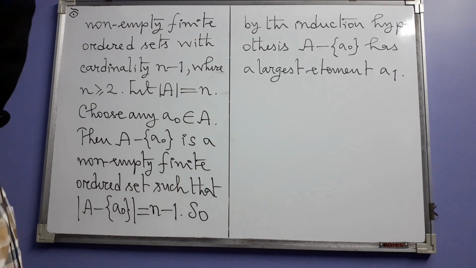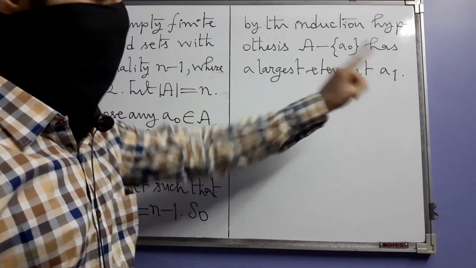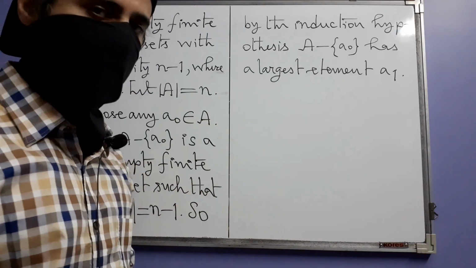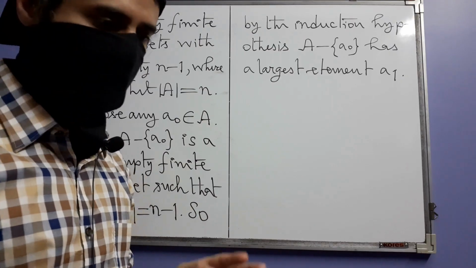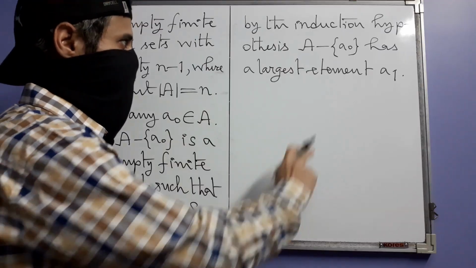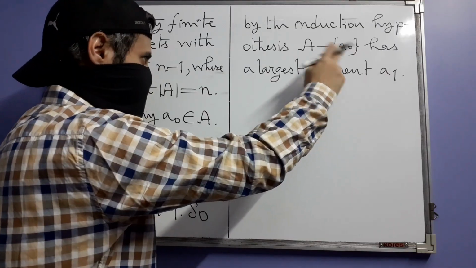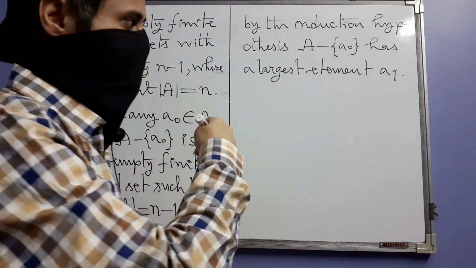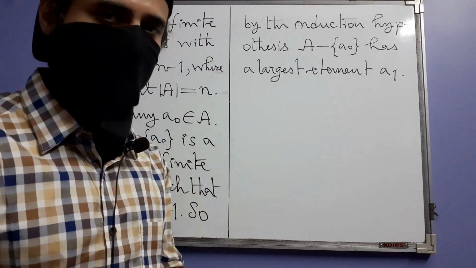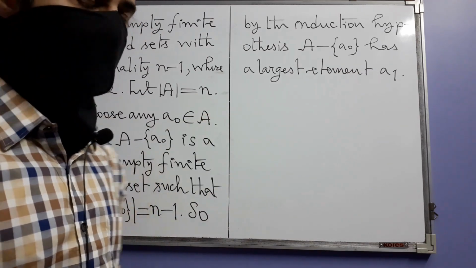Now it becomes clear that the largest element of A is either A0 or A1. The little argument that you have to go through mentally to see why that is the case is so easy that I am not going to go into that. I am leaving that to you. The largest in this set is A1. So if you include A0, it may be larger than A1. In that case, that will be the largest. I have already said this to you right now. Or A1 itself is the largest.